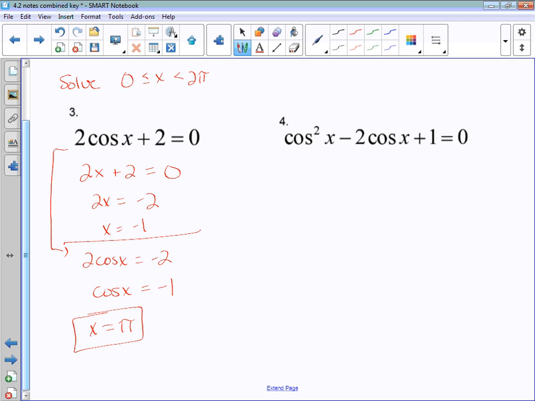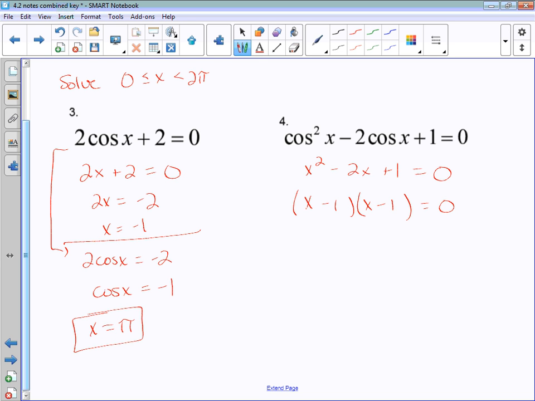You see it? So for number 4, I'm going to have you try this first. What if we had x squared minus 2x plus 1? Factor, yes. What does that factor into? Good start with the x, guys. -1 and -1.